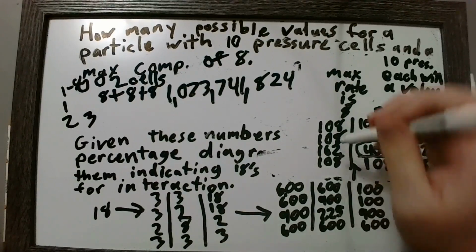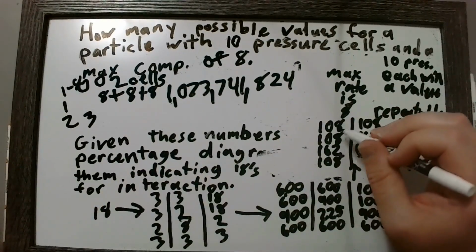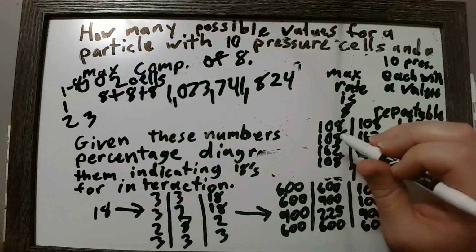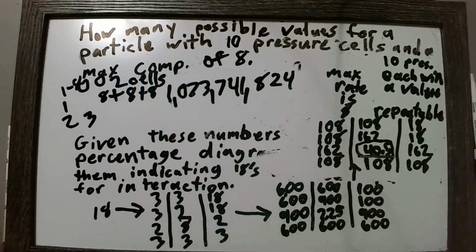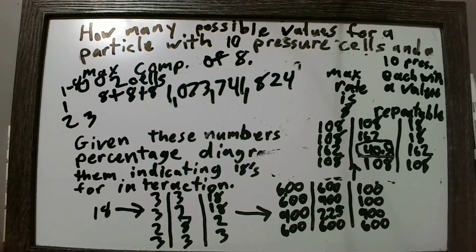Okay, so 18 has to travel 108 units in order to interact with 3. 18 has to travel 40.5 units to interact with 8. Okay, that's the way it works.